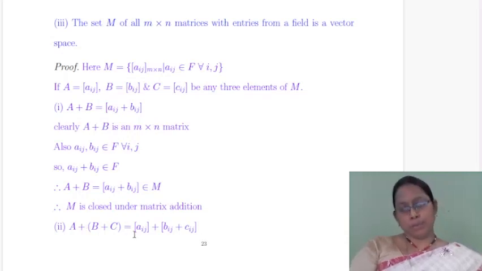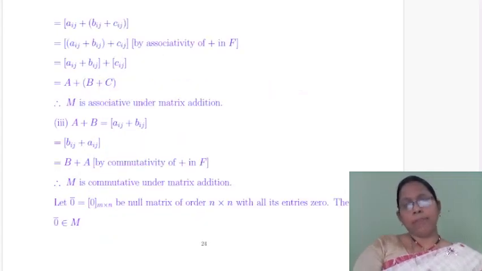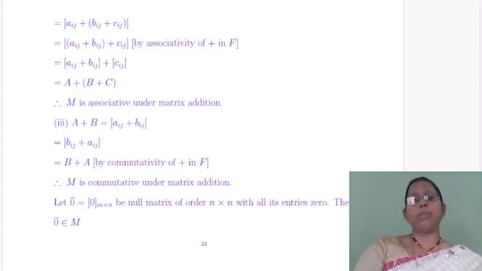Here, I have shown the associativity and commutativity manually, but if you know the properties of matrices, you can directly write that addition of matrices is associative as well as commutative. No need to go for this calculation or show these steps.